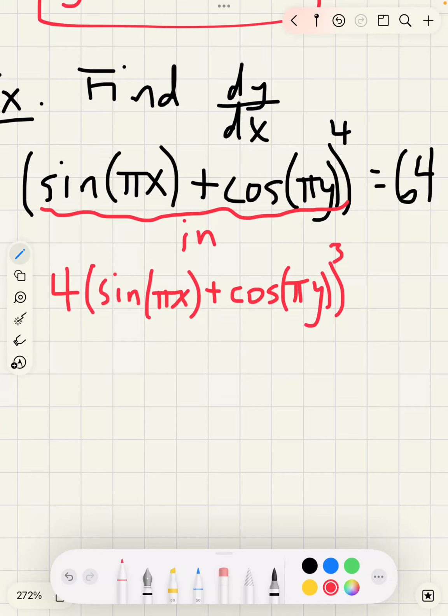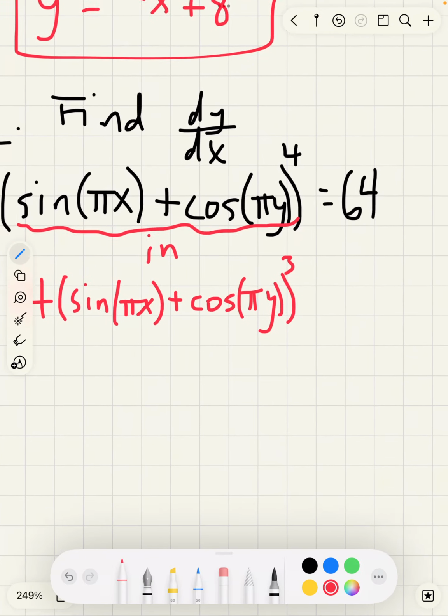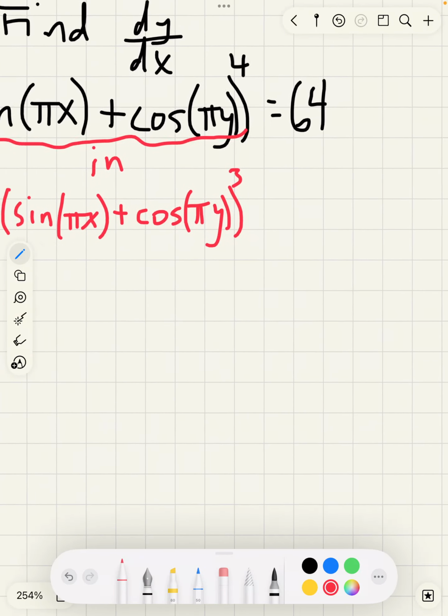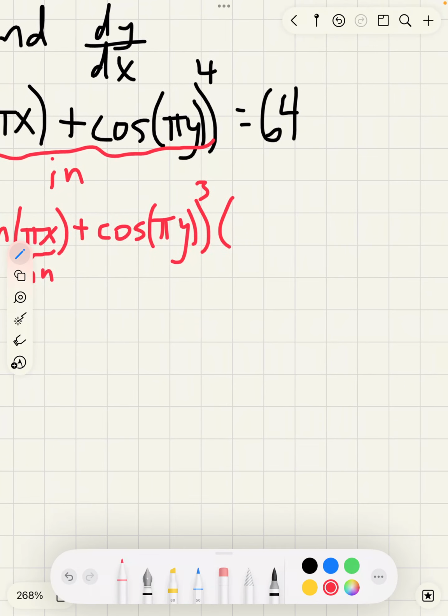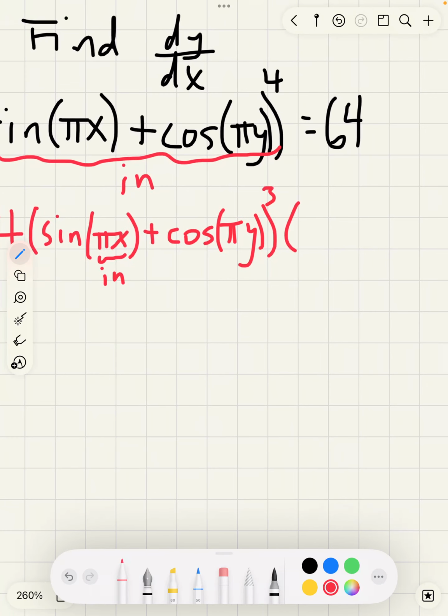So for the derivative of the stuff, we start term by term. First term, we've got sine of pi x. Well, that itself is also composite. So pi x is the inside of that one, and sine of stuff is the outside. Sine of stuff has a derivative cosine of stuff, but we have to multiply by the derivative of the inside. So I know this will work out to pi cosine of stuff.